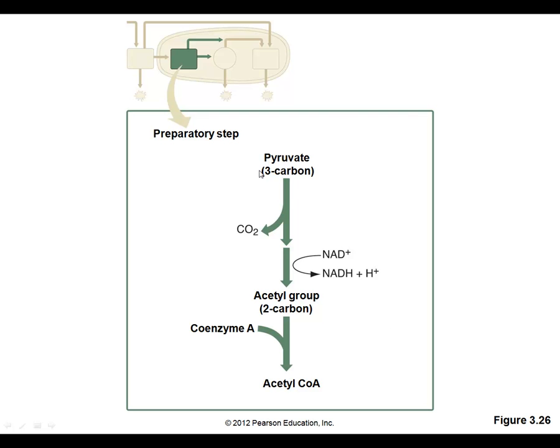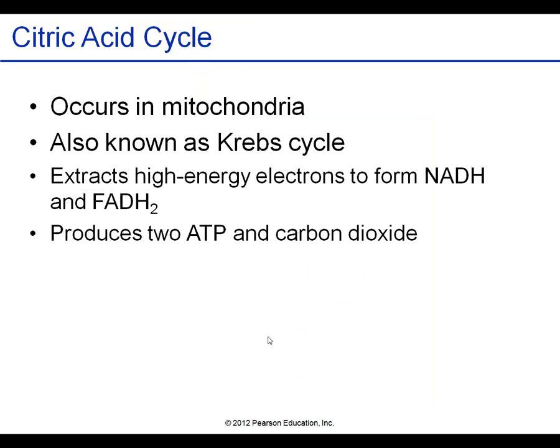At the same time, after you remove the carbon molecule here, you made an acetyl group. Acetyl group has 2 carbon atoms. And those 2 carbon atoms, or the acetyl group, will be joining with coenzyme A into making what we call acetyl coenzyme A. Now, the acetyl coenzyme A can enter the mitochondria, and it will get into something called Krebs cycle or citric acid cycle.